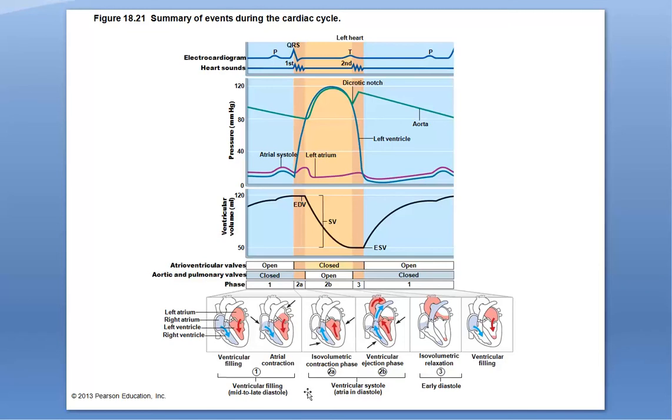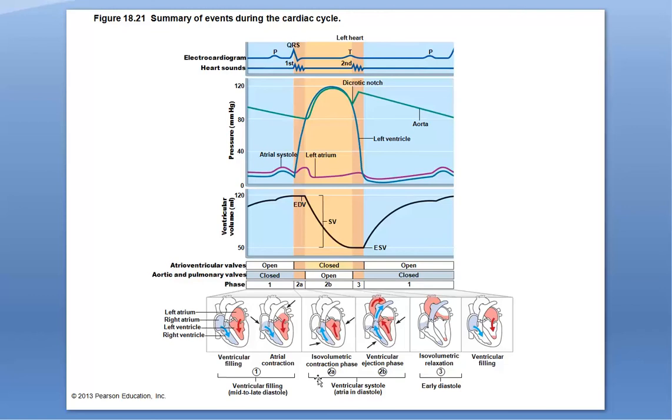The second phase is ventricular systole, which refers to contraction of the ventricles. In this phase, we also see relaxation or diastole of the atria. This phase is divided into two pieces: isovolumetric contraction and ventricular ejection.